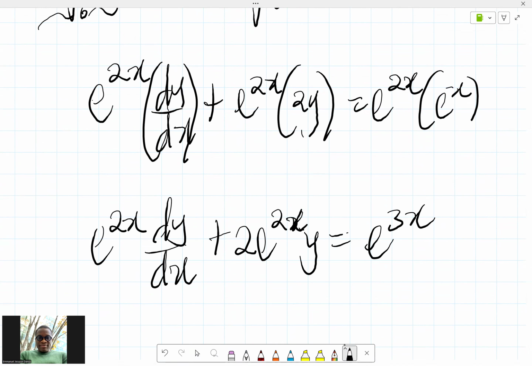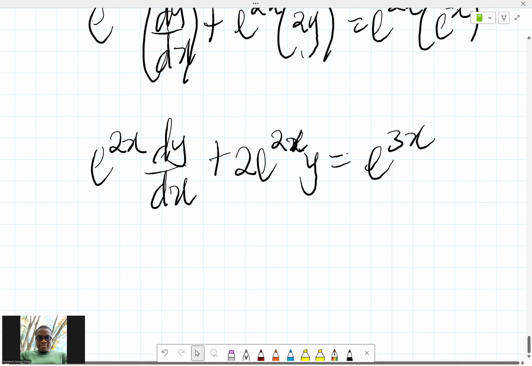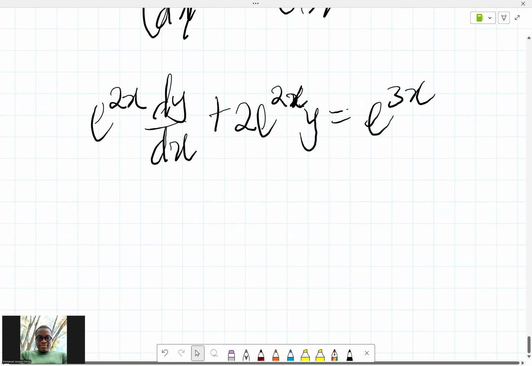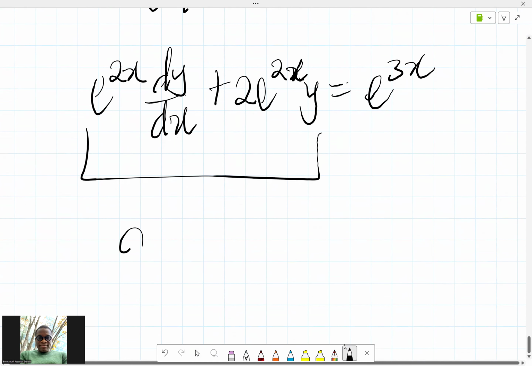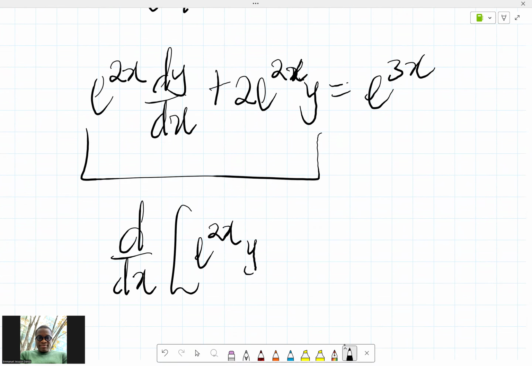Now, with this in place, from what we saw up there, this whole expression is simply the same thing as d/dx of e^(2x) multiplied by y. And that is simply equal to e^(3x). Of course, this makes sense.